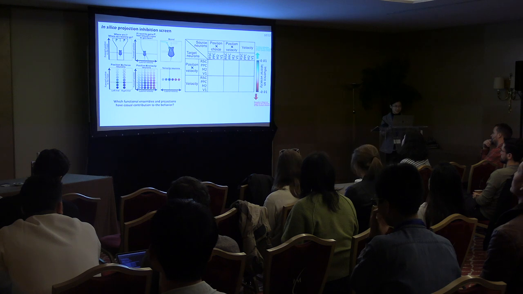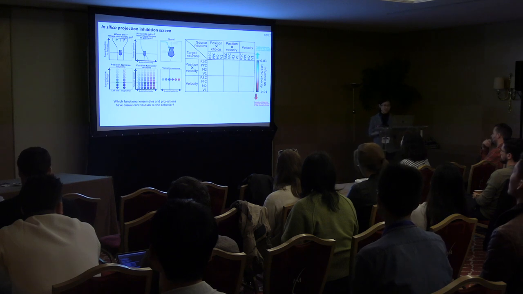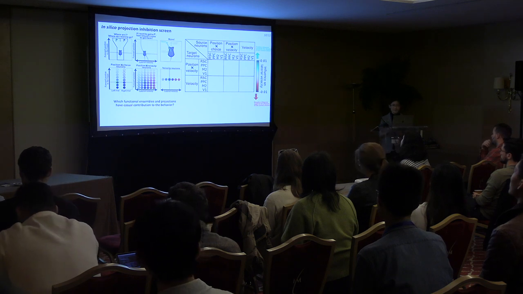The overall idea is we think each projection in this table might correspond to certain pathways or circuits in the brain, although the mapping is not direct because there are so many unrecorded brain areas. But the idea is we want to recover some insight on a circuit mechanism underlying the navigation behavior.